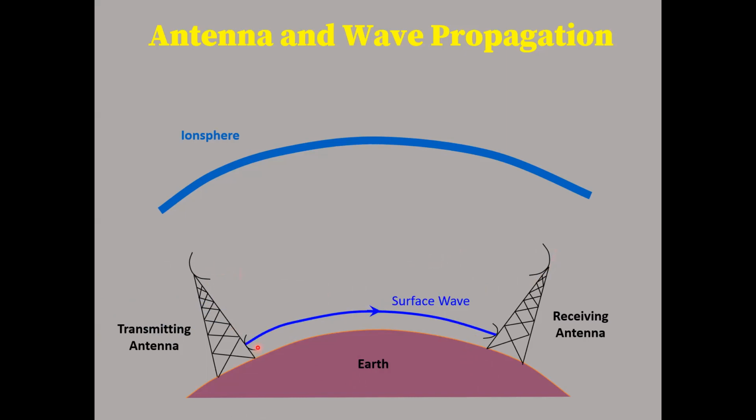This kind of wave is the surface wave, that is the direct wave, and that is the sky wave. Three kinds of waves are there: surface wave, direct wave, and sky wave.